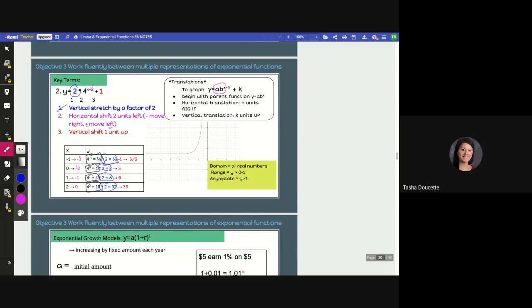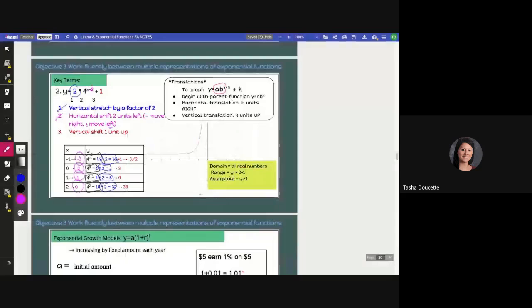So I'm looking at my x values, and if I move 2 units to the left of -1, that means I get a -3. 2 units to the left of 0 is a -2. 2 units to the left of 1 is -1. And 2 units to the left of 2 is 0. That one is done.